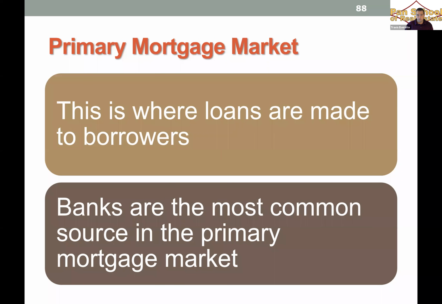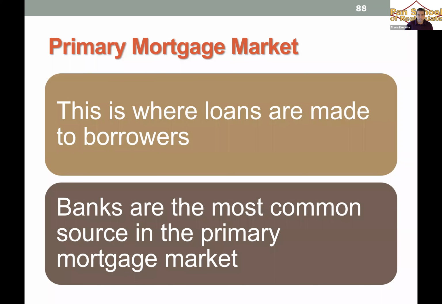The truth is, they are completely different things. The primary market is where loans get made, where people borrow money from banks, from lenders, to use for purchasing property, for renovations, for whatever they do. But it's where the loans are being made.